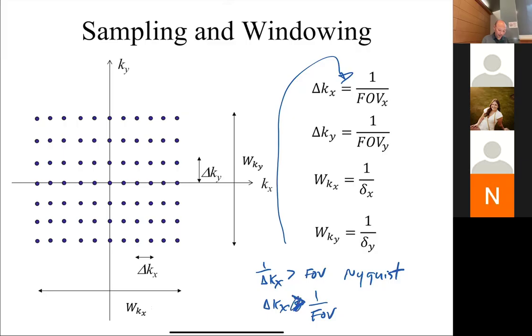No, it's less than. It's less than 1 over the field of view. If my delta k is too big, it means my field of view is too small. In that case, I'd have to increase the field of view so my delta k is less. Let's rewrite this clearly: delta kx is less than 1 over the field of view.